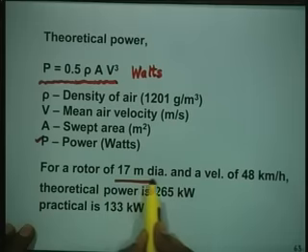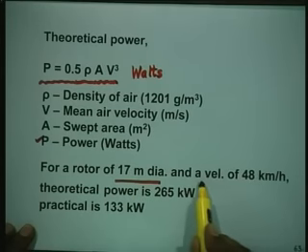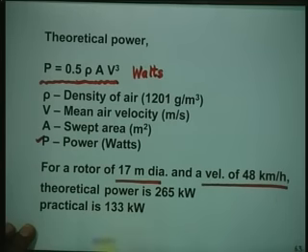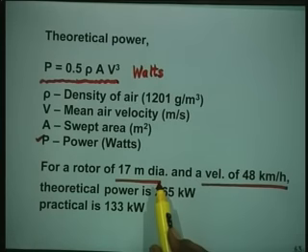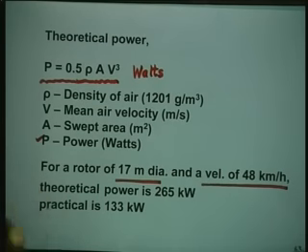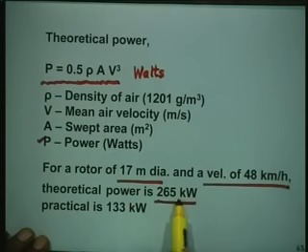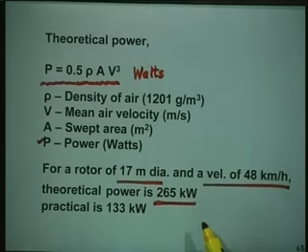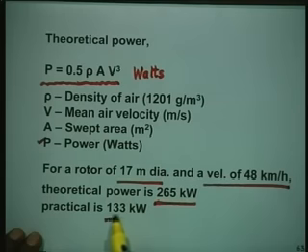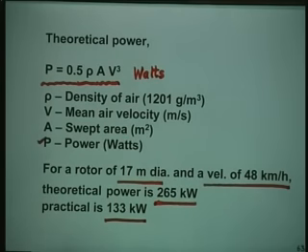For a rotor of 17 meter diameter and a velocity of 48 kilometer per hour, the theoretical power is, imagine how big the rotor is, 17-meter diameter. That is why our wind structure is very huge. If you go, I do not know whether you have seen it, 265 kilowatt power is generated theoretically, but practically it is just half, because efficiency is 50%.